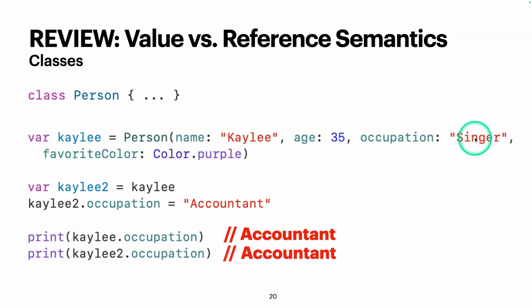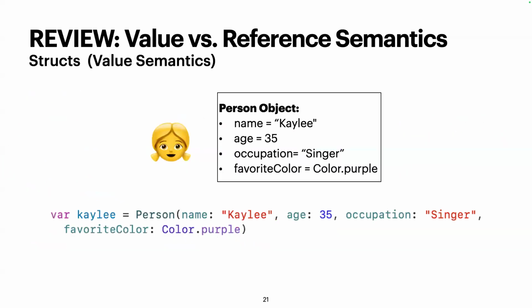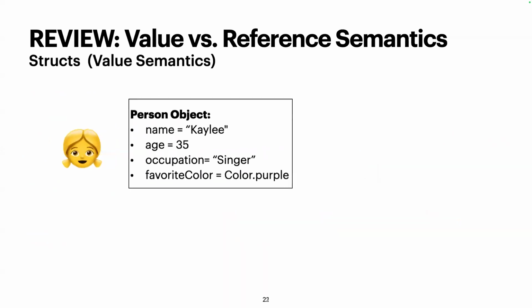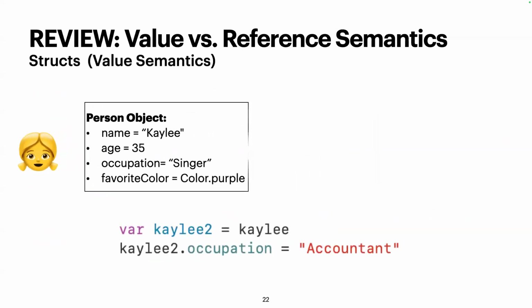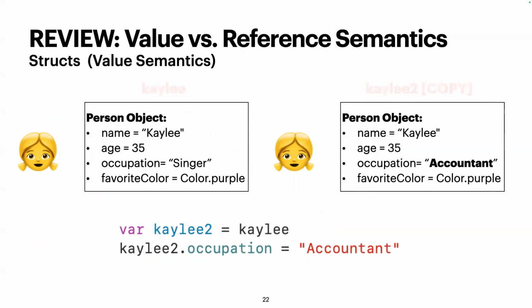Now both of them will be accountants. Here's a diagram view. We have Kaylee, and when we do kaylee2.occupation = accountant, we create a new copy of the original Kaylee, and we're modifying the occupation property of kaylee2, the copy.